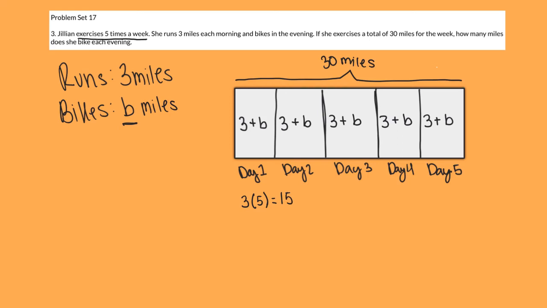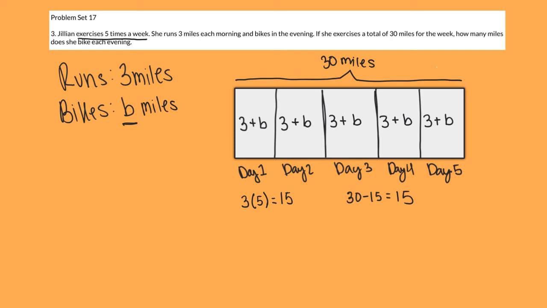Now what we need to do is take the total amount of miles that she is exercising per week and subtract 15 to figure out how many miles she is biking per week. So now I have 30 minus 15, and that's going to give me 15.